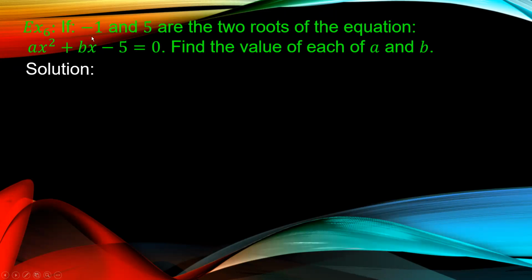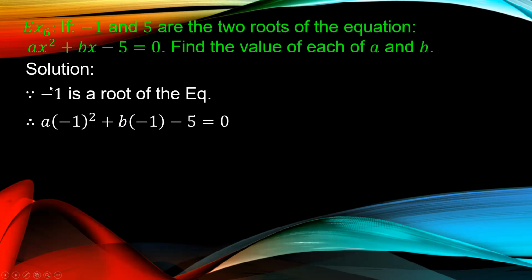I need to find the values of a and b. This means I will substitute by negative 1 and 5. Substituting negative 1, because it is one of the roots, then a times negative 1 all power 2 plus b times negative 1 minus 5 equals 0.